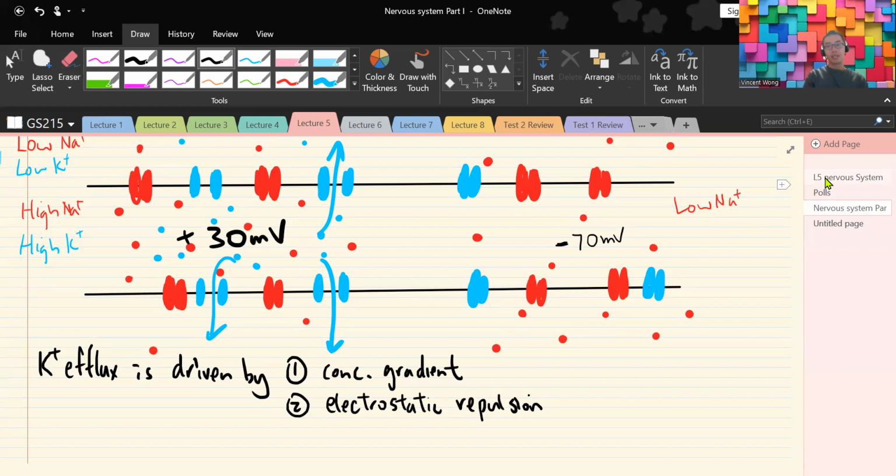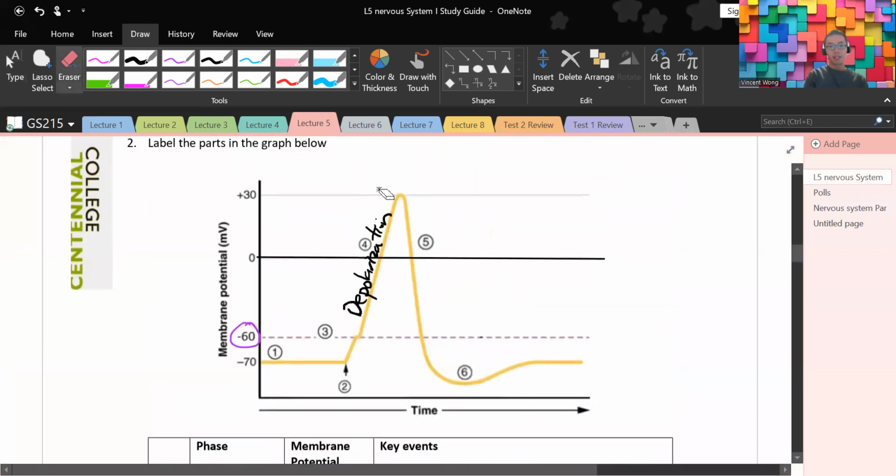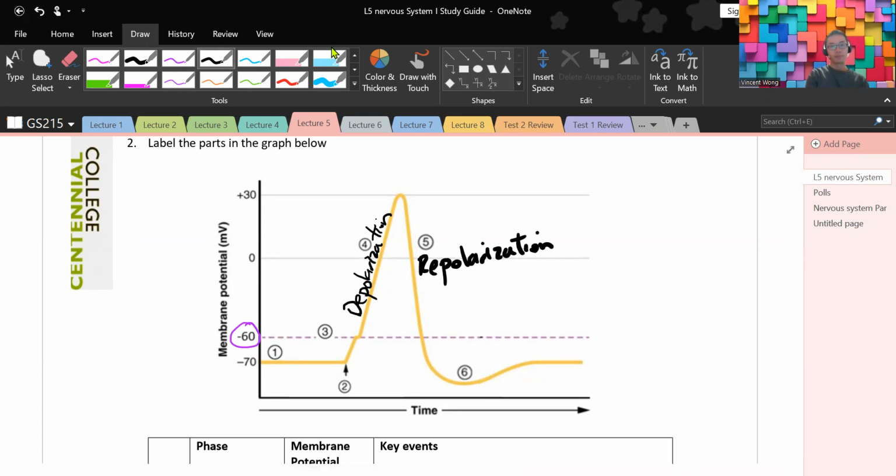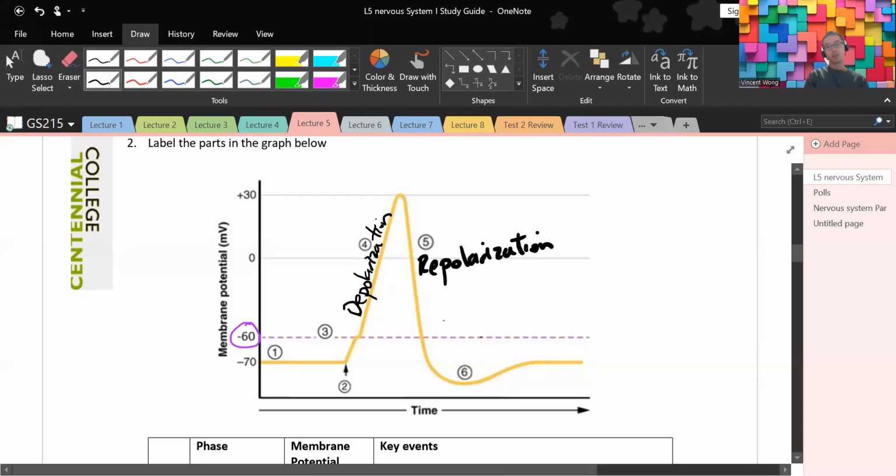And so here we can see on our graph, number 5, this is coming back down, caused by the potassium efflux, and we call this repolarization. I cannot write sideways, sorry, I'm just going to write like this. Repolarization. You're recreating that negative charge on the inside. So that's number 5.